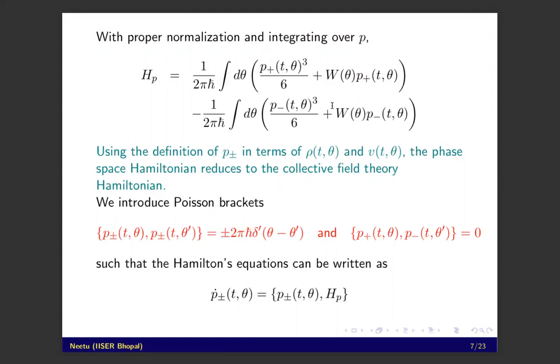And if we substitute p plus and p minus in terms of rho and v here, then we get back the collective field theory Hamiltonian. So we can see the equivalence at the level of the Hamiltonian as well. Now we want to write our equations of motion in terms of Poisson brackets, which we usually do. So to do that, we introduce these Poisson brackets between the p plus and p minus variables.